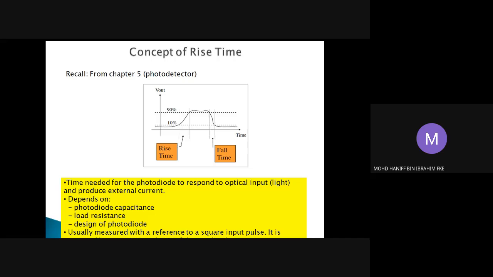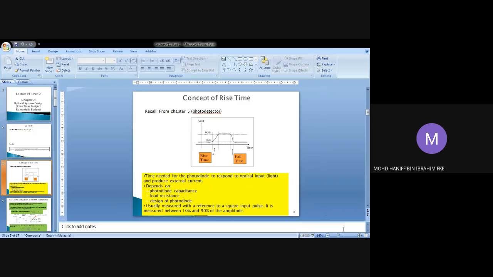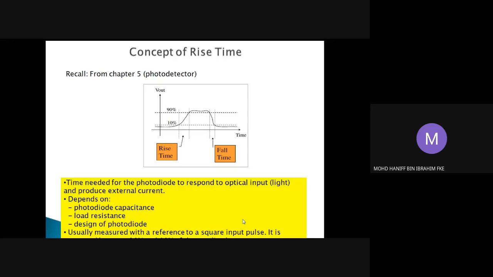So what is rise time? Rise time is the time needed for the photodiode to respond to the optical input and produce the external current.